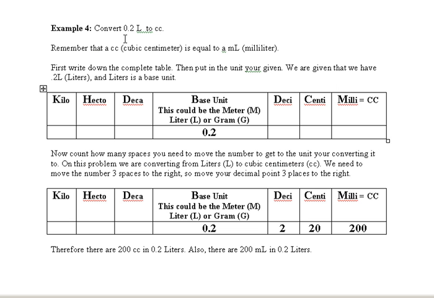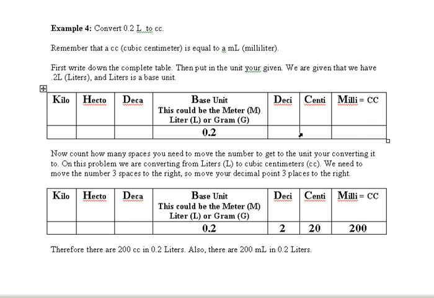Here's another problem, convert 0.2 liters to cc's. Well, the base unit is liters, and we're given 0.2 liters, so I'll put that right here in the middle. Now, convert it to cc's. Well, remember from the first video, a cc is the same as a milliliter. So 1 cubic centimeter, which is the abbreviation cc, is equal to a milliliter.